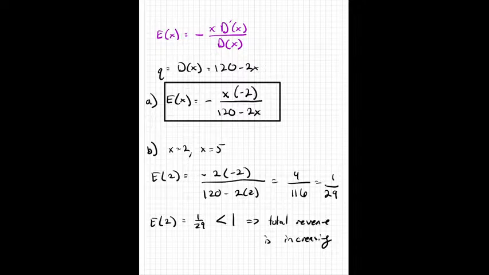So here, that should have been 20. Let me get it to pop, I'll use this color. That was supposed to be 20x, right? Okay. So then, when x was 2, the elasticity of demand here, the derivative now becomes negative 20, so instead of a 2, that's a 20, okay?